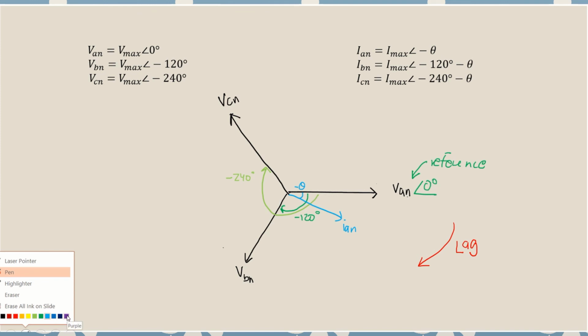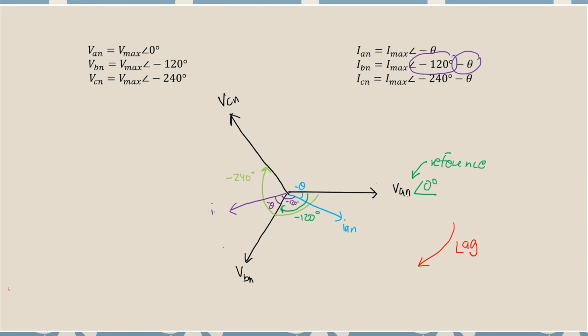So let's draw IBN. IBN is the purple. So if you see here now, we have negative 120 and you have negative theta. So negative theta is from VBN, but negative 120 is this one. So that is IBN.